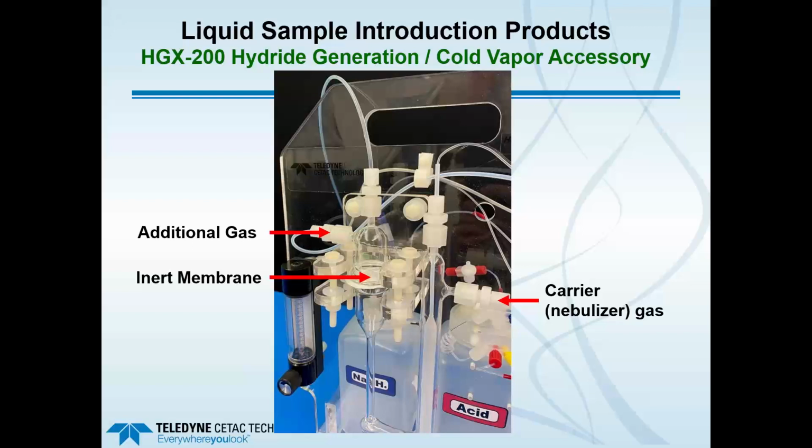The carrier or nebulizer gas flow on the right, and the additional or makeup gas flow, which comes in just above the inert membrane. So you will then adjust these two gas flows to get the best signal-to-noise ratio during the analysis. And of course, you would do that first with a tuning solution, adjust those gas flows, and then start to put through your sample solutions.